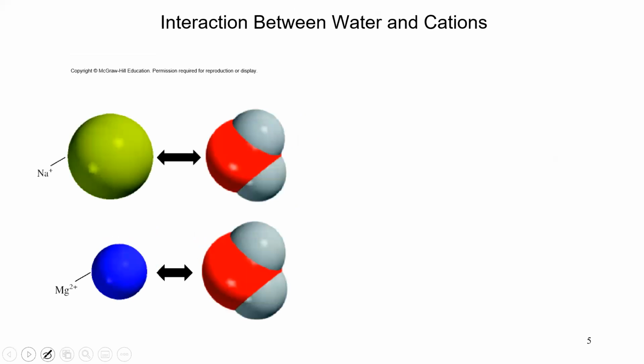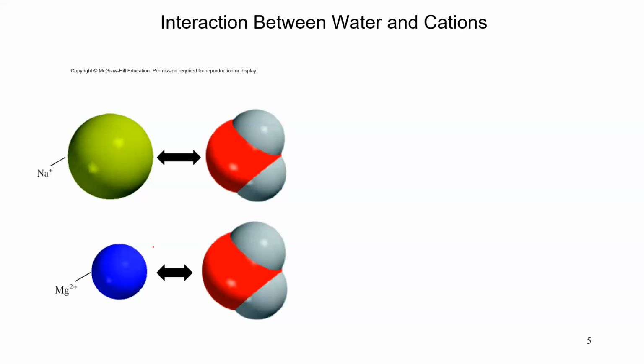So here we have water interacting with ions. We have a sodium plus and a magnesium 2 plus. Which of these two do you think is going to be a stronger interaction? The interaction with sodium or the interaction with magnesium? Magnesium. Yeah, magnesium is going to be stronger because we have a larger charge.